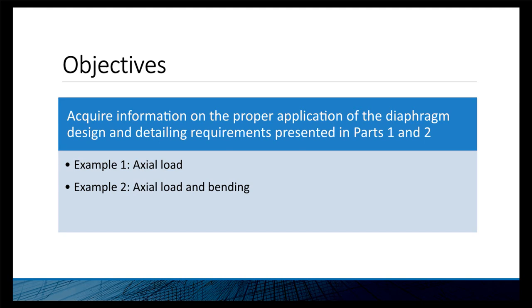The other thing I wanted to mention, and you'll see this in our upcoming slide, is that in cases where the ACI 318 requirements are applicable, and that's mostly for bending and certain types of one-way and two-way shear, we are going to use the most updated information given in the 2019 edition of ACI 318.